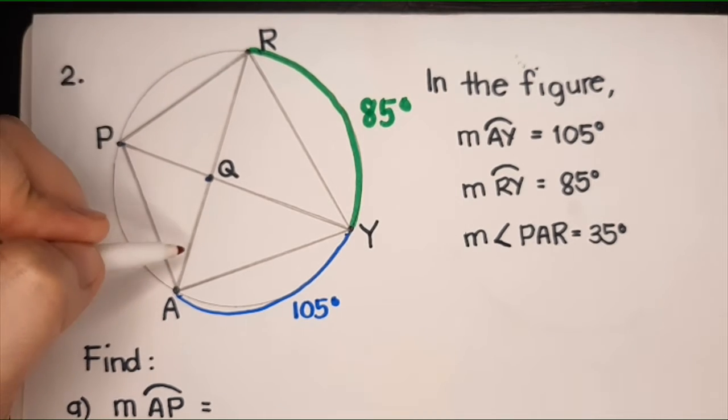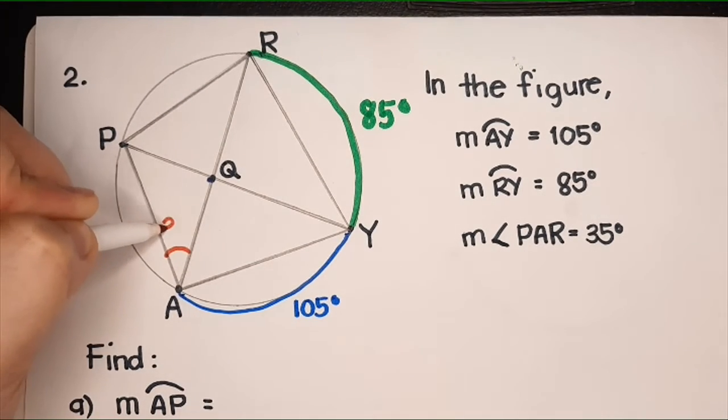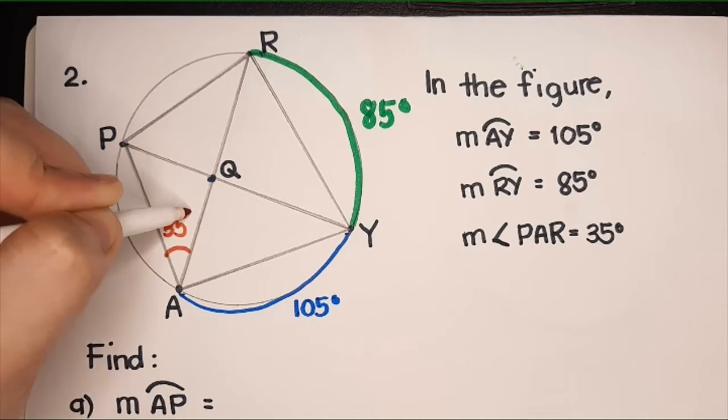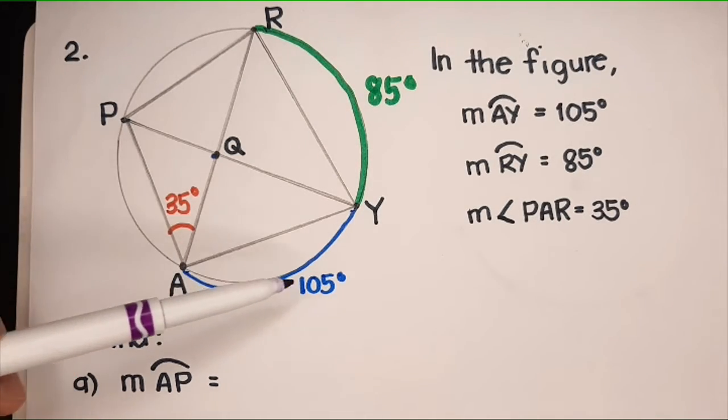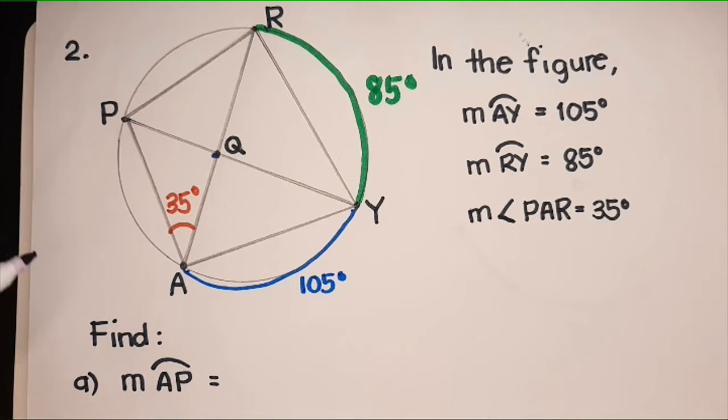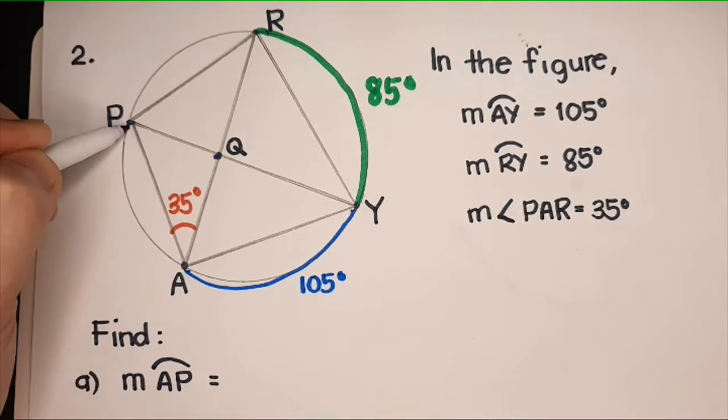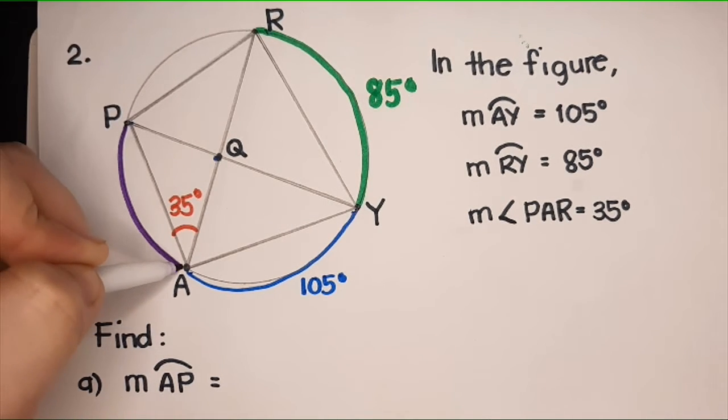PAR. Okay? So, ito yung 35 degrees. Okay. So, with this given measures, let's find the measure of arc AP. So, nasan yun? Here. This is arc AP.